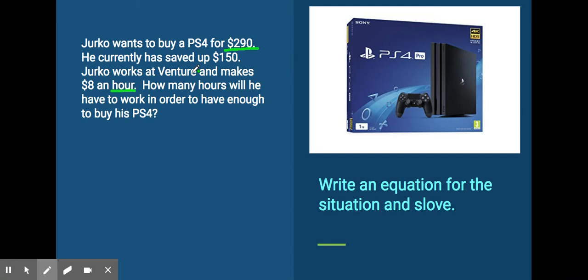So first we need to define a variable. Usually the variable is what you're trying to figure out. We're trying to figure out hours. So let's say that we're going to use H in our equation to represent hours.